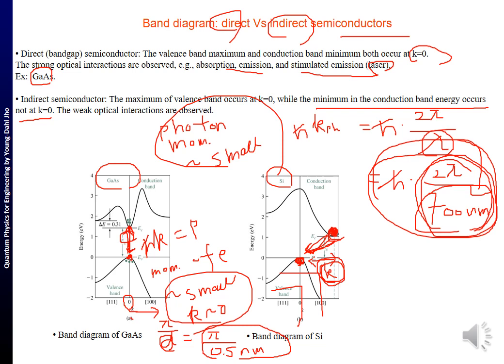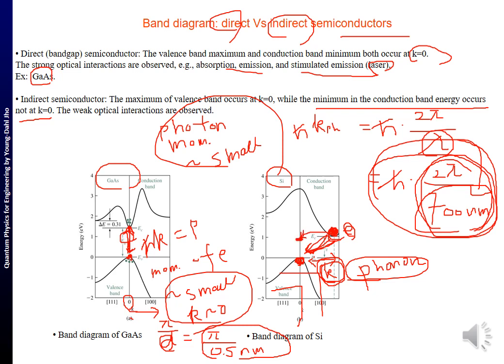Actually, it could. So there should be additional interaction with phonon. For example, this electron will emit phonon. So phonon momentum could be very large actually. So it emits phonons, then goes to a lower energy state near here. Emit the phonon and goes to here.